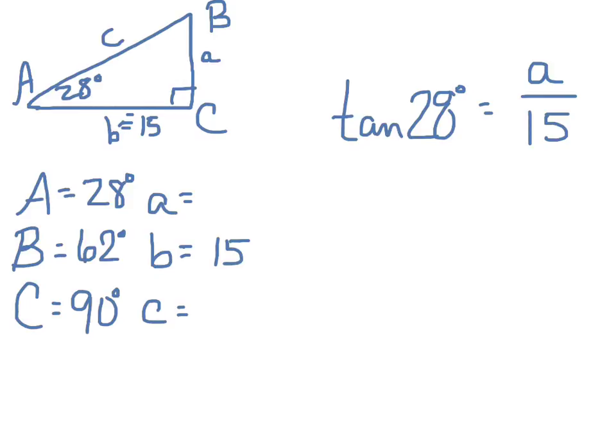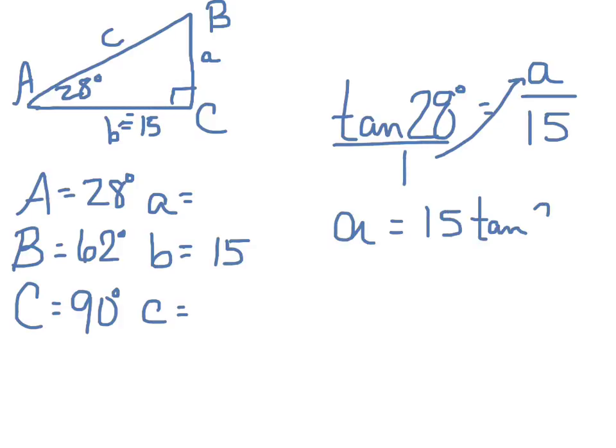Now, the tangent of 28 doesn't have a denominator, so I put that over 1, and we're cross multiplying just like we did the last ones. What's 1 times a? And on this side I have 15 times the tangent of 28, which is where your calculator comes in. You type in 15 tangent of 28, and what do you get?